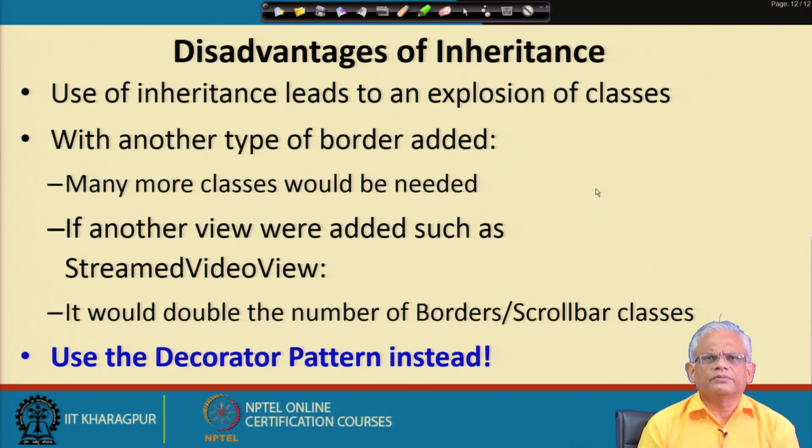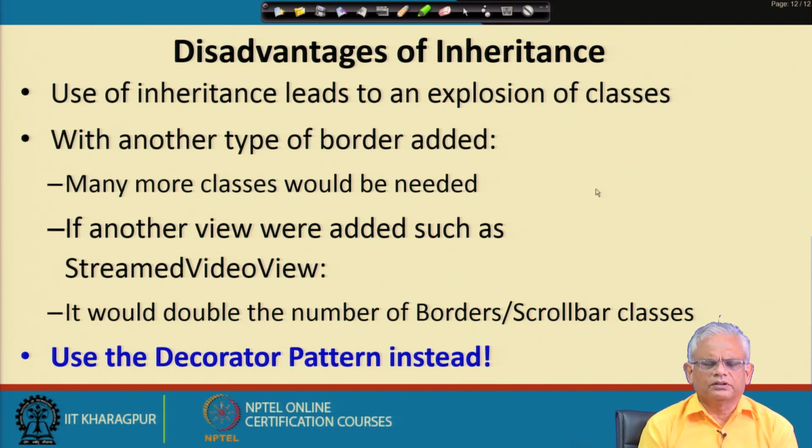Many times the programmers get prompted or attracted to use inheritance because inheritance is simple to use, appealing, and for everything they use inheritance. But then if we use inheritance to add responsibilities, that would lead to an explosion of classes.